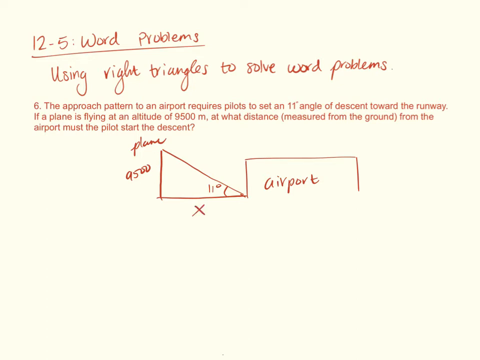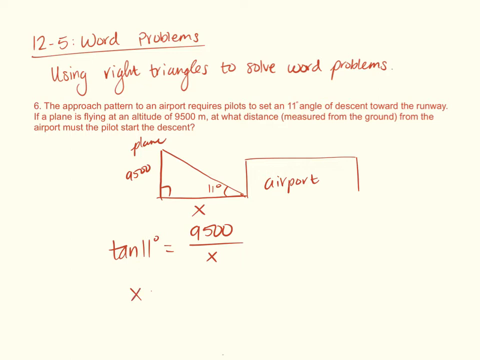Okay, and so essentially what we need is this value here along the ground. So what we're going to do is use SOHCAHTOA because we've got a right triangle here. So tangent of 11 degrees is equal to 9,500 divided by x. Okay.